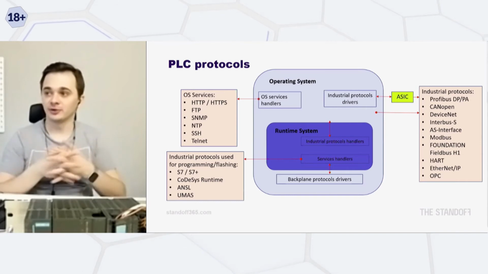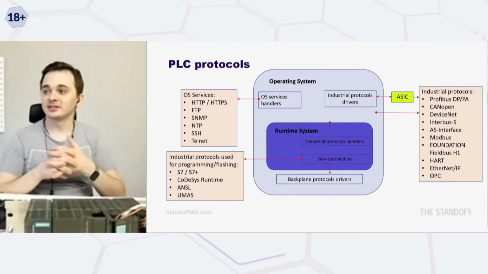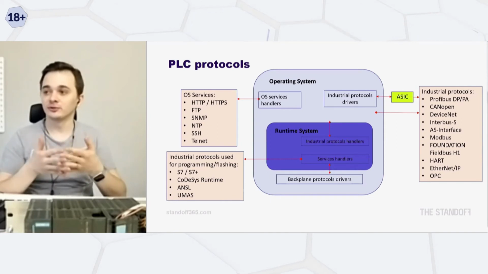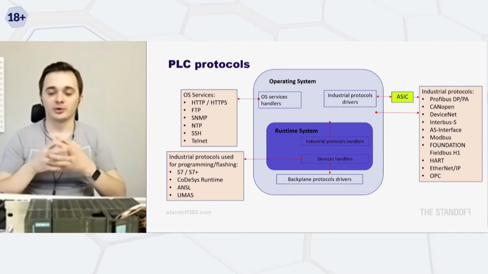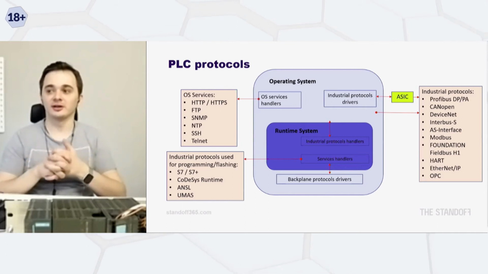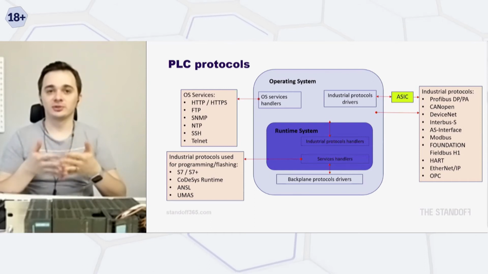So all these drivers and handlers, the runtime system communicates with them, it obtains all the information from them, and the runtime then runs the user program, as we have just discussed.